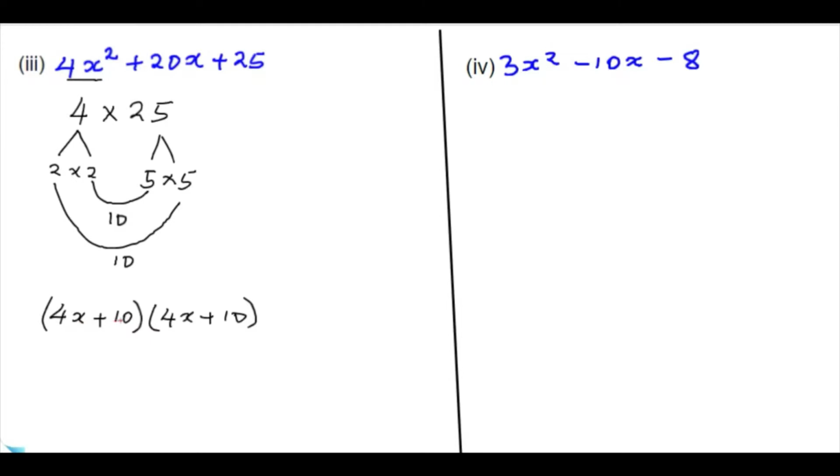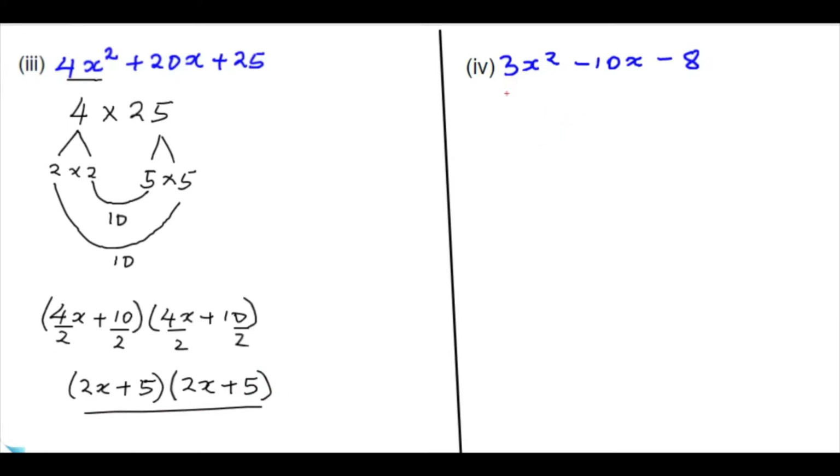That is 4 and 10. The number is 2. So I divide through by the common number. Then my final answer becomes 2x plus 5, again 2x plus 5. That one is the final answer.